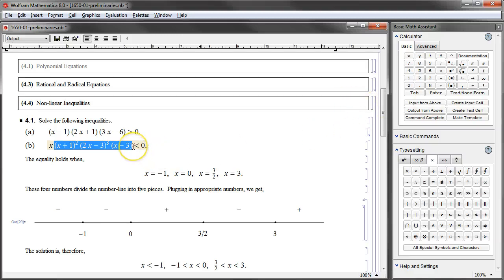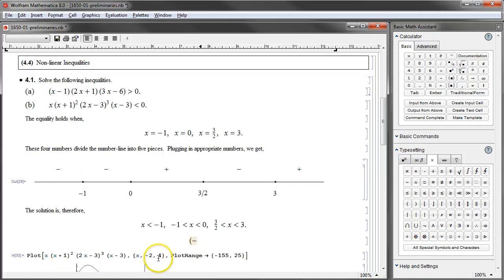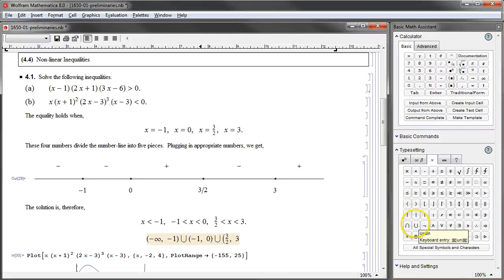We want these products to be less than 0, so we select intervals in which we have a negative sign, and there are 3 such intervals. X is less than -1, which means negative infinity to -1, then the next interval -1 to 0, and then the next interval 3 halves to 3. That's interval notation, which personally I prefer, to tell the truth.